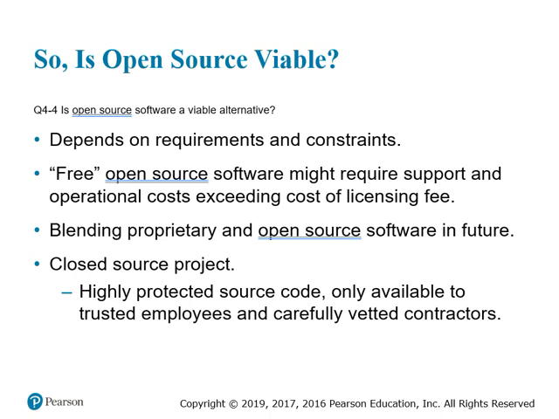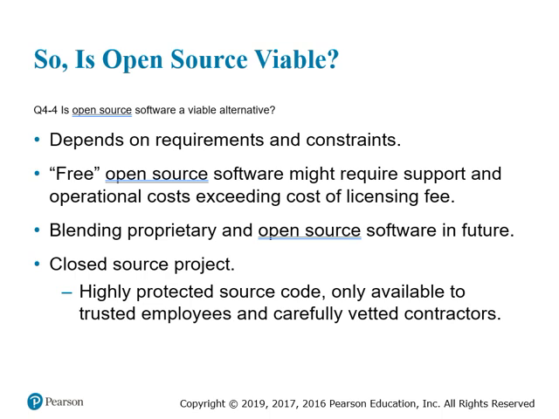There are some problems with some things that you're told specifically not to use it for commercial enterprises, but some they're fine with. And so you want to be very careful about those stipulations. But free open source software might require support and operational costs exceeding the cost of a licensing fee. So just because it's free initially, it could cost more in the long run.